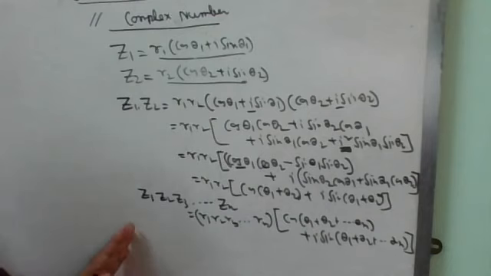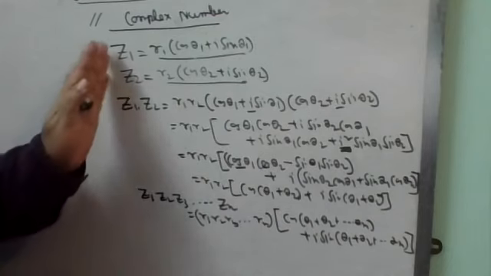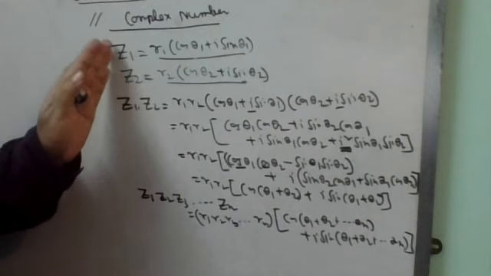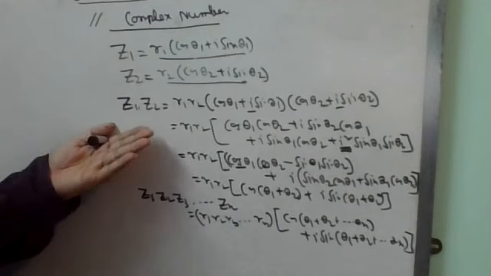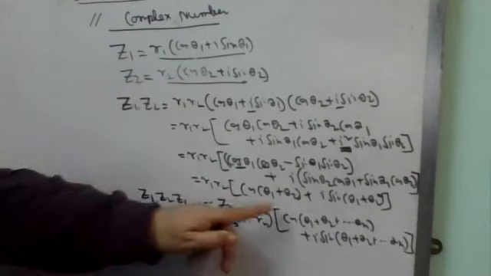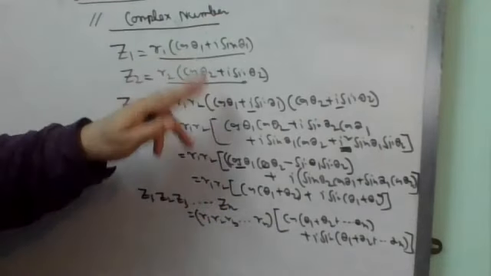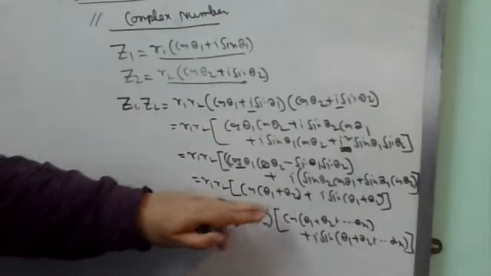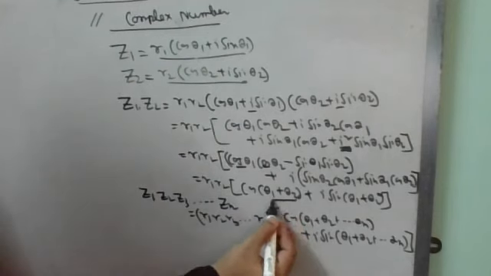So what we have observed is that in multiplication of 2 points in the complex plane given in polar form, the angles will be added.